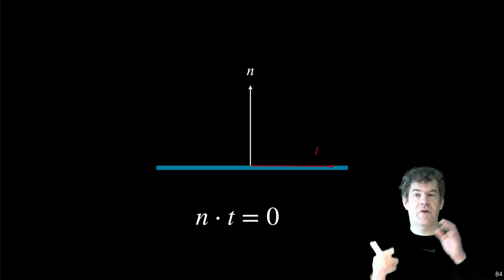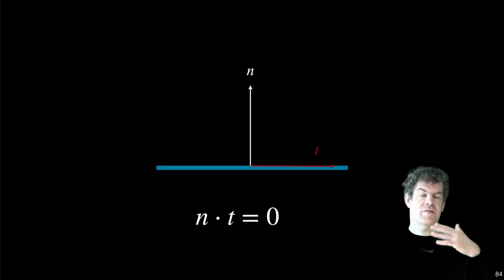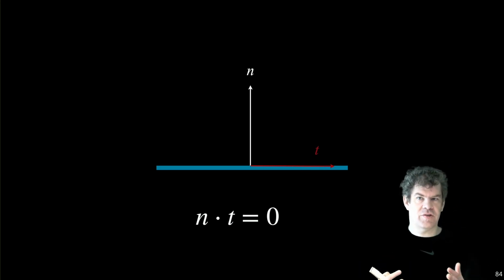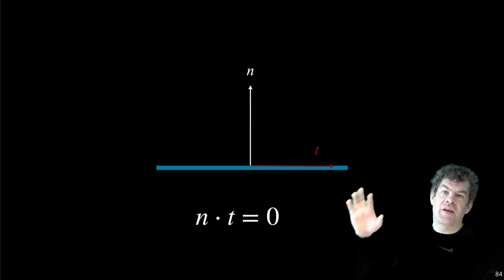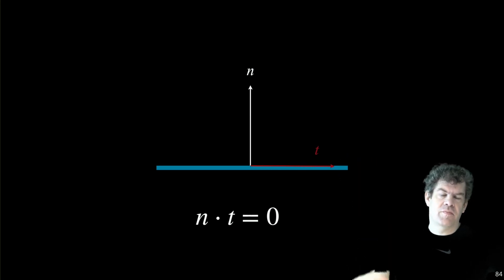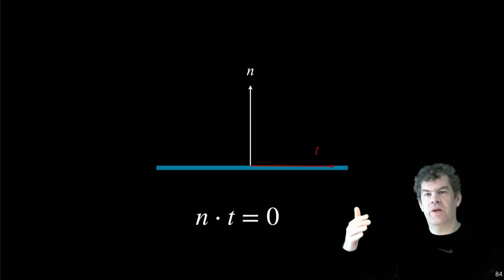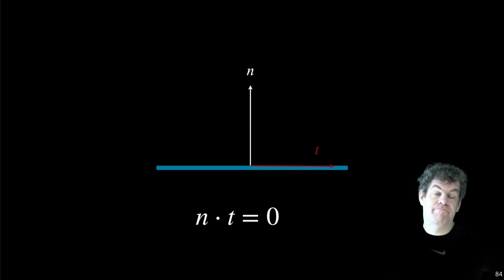If the dot product between two vectors is 0, the angle between the two vectors is 90 degrees, so they're perpendicular to each other. So what this says is that the dot product, in German Skalarprodukt, between any vector on the surface and the normal has to be 0, then it's a normal.